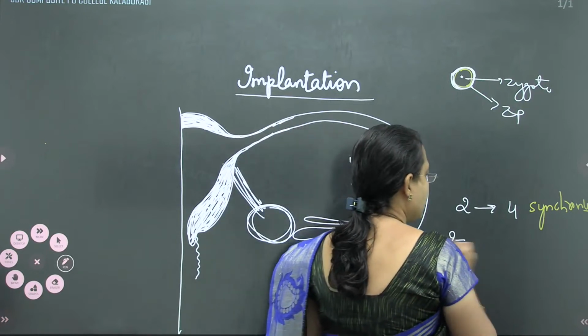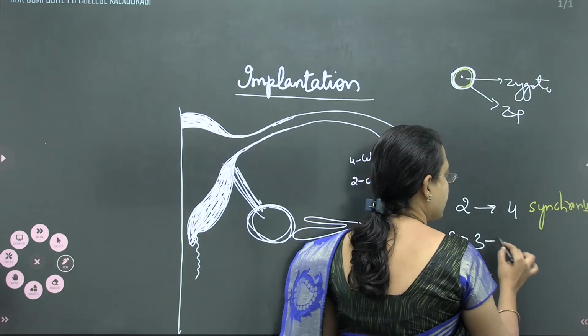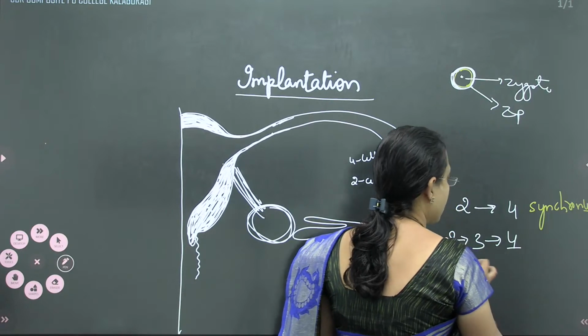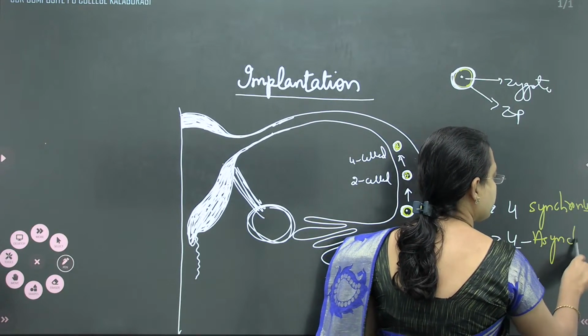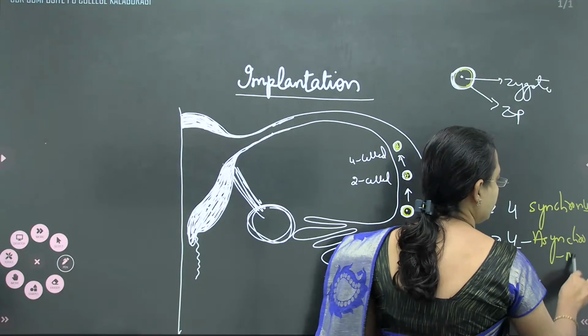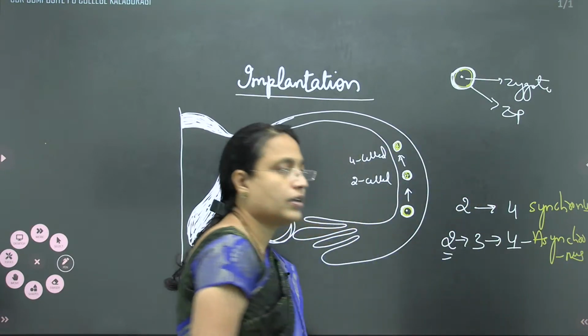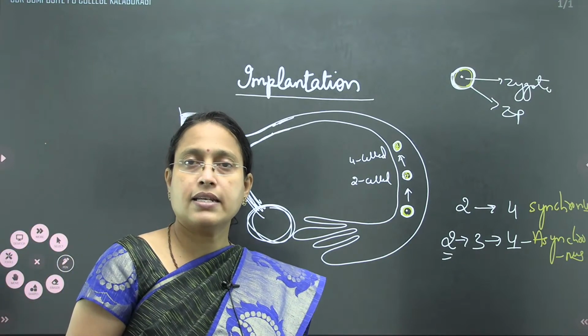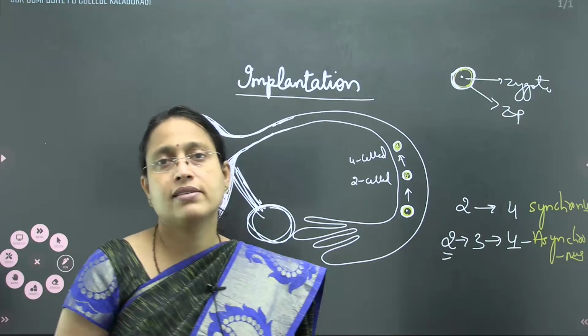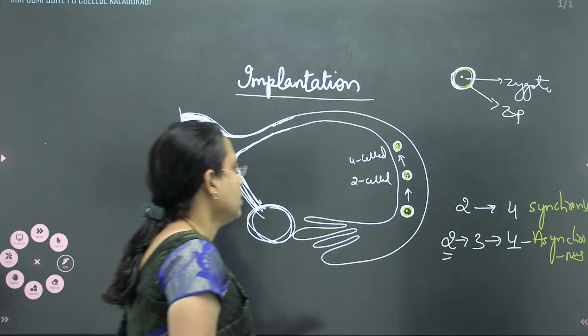But instead, the two cell stage forms an intermediate three cell stage and then forms the four cell stage. Then it is called asynchronous division. So in humans, basically a three cell intermediate is formed, so asynchronous cell division is present.